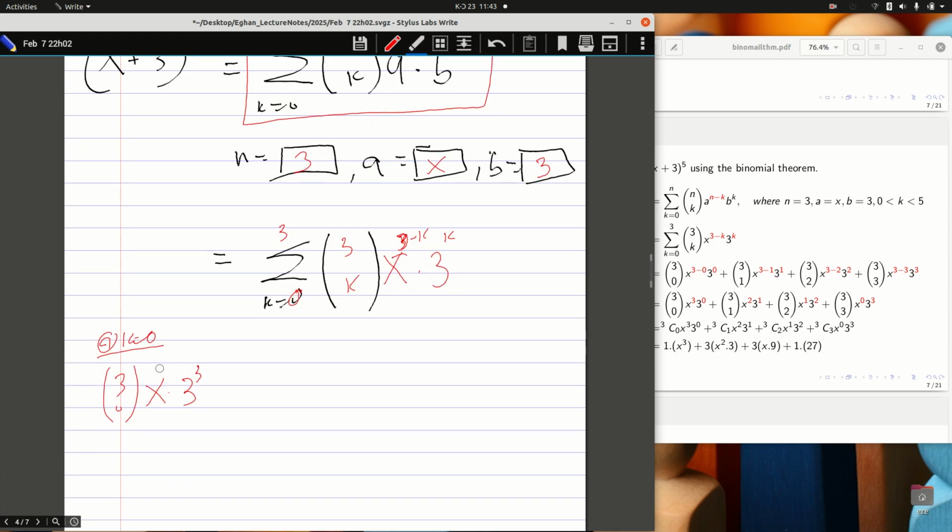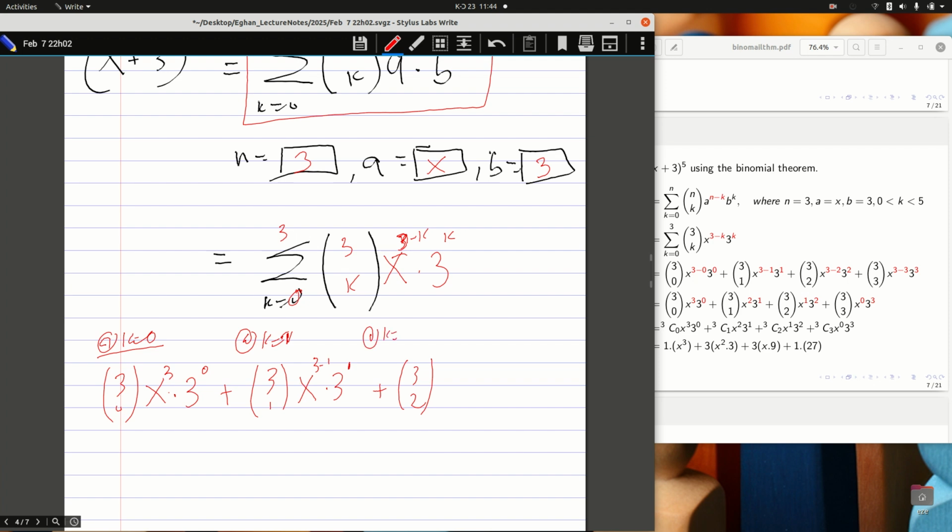So it means I have it as 3C0, x to the power 3, and I have 3 to the power 0, plus at k equal to 1, wherever I see k I put 1, 3C1, x to the power 3 minus 1, which is this, and then 3 to the power 1, plus 3C2, that is at k equal to 2.